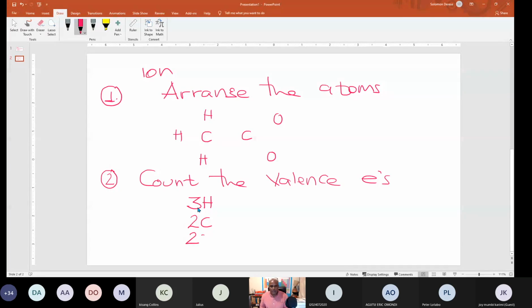The valence electron for hydrogen is 1, so 3 times 1, and the total number of electrons from the hydrogens is 3 valence electrons. Carbon, we have 2 of them.